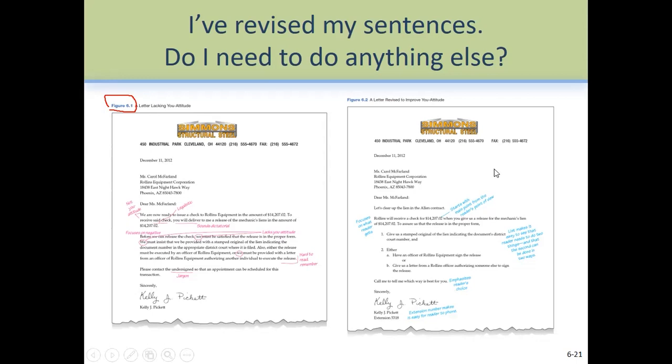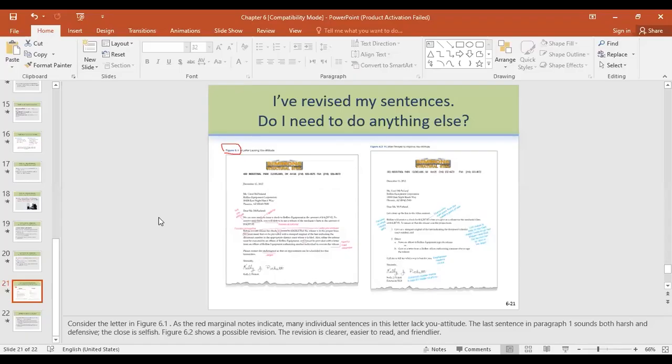When I find that I'm using defensive language, harsh language, or selfish language, of course I need to revise my sentences. Maybe I need to remove it all. I need to reorganize it to make the information easy to find and more interesting for the reader. Also, I need to avoid outdated jargon. This is also very important.